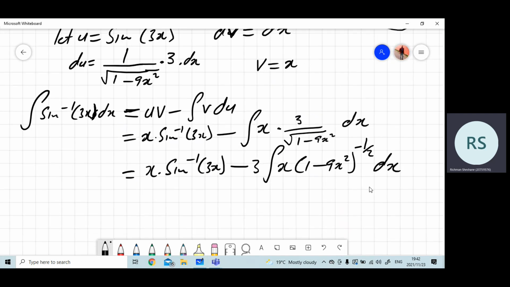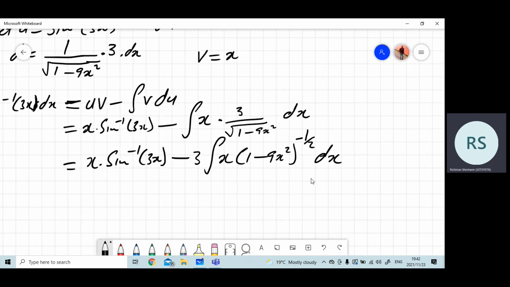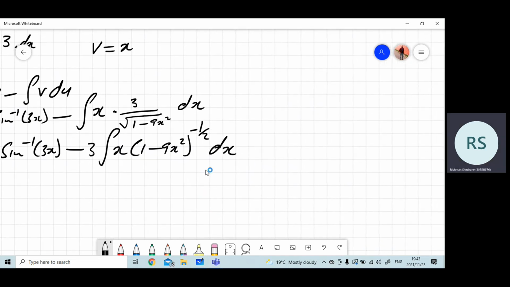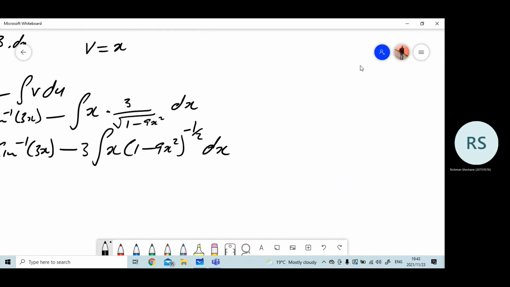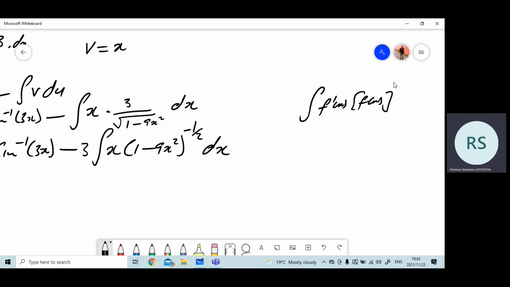You remember from math 1, we will focus on the second term. There is this formula. When you integrate f prime of x times f of x to the power of n dx, the integral is just f of x to the power of n plus 1 over n plus 1 plus c. Okay.